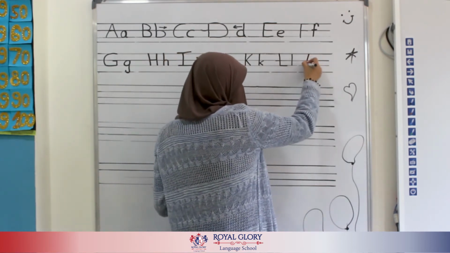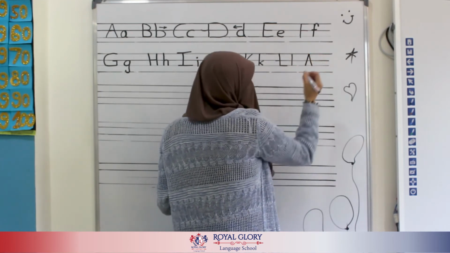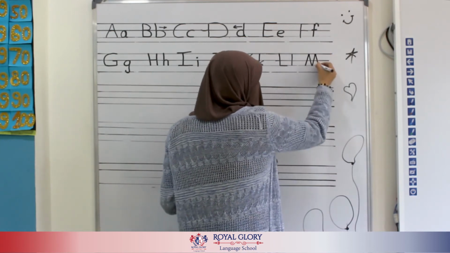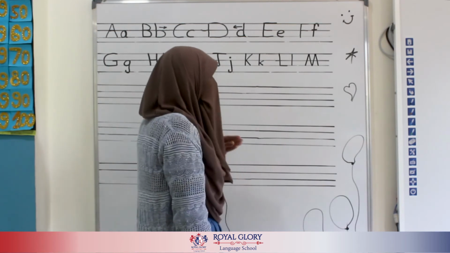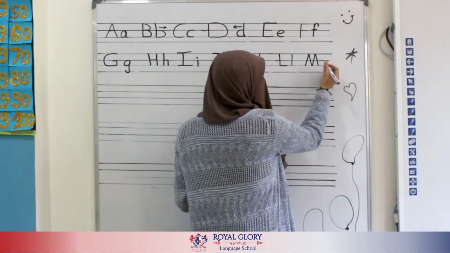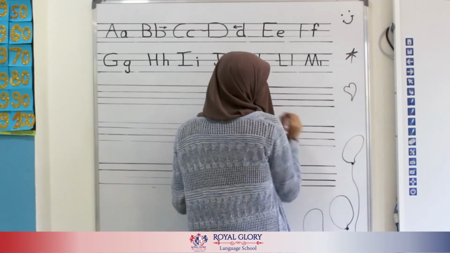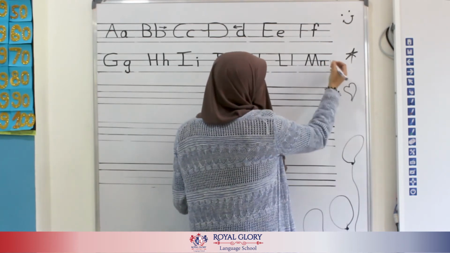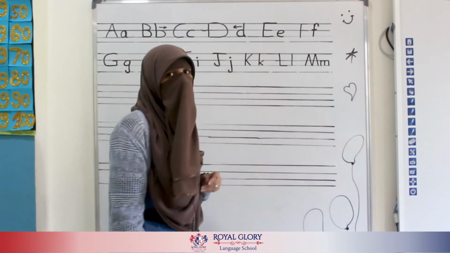Slanting line down, another slanting line down, slanting line up, slanting line down. The lowercase: between 2 lines, standing line down, then curve down, another curve down, okay?